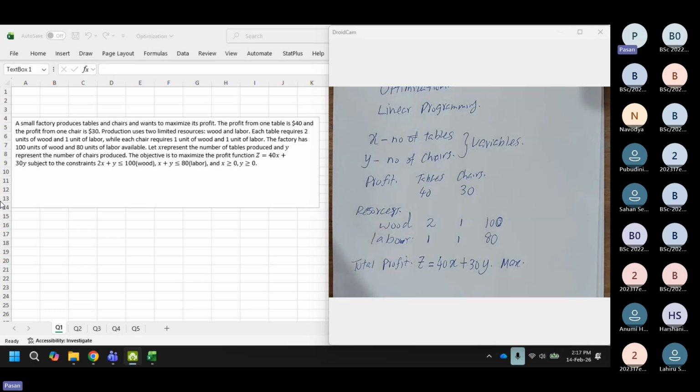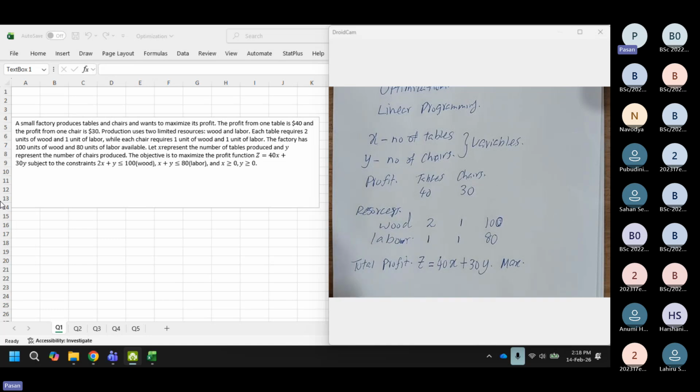If you think about just producing the tables, if you produce 50 tables, then the entire wood is gone, because 2 times 50 is 100, right? So if you are just producing tables, that allows us to produce only 50 tables.